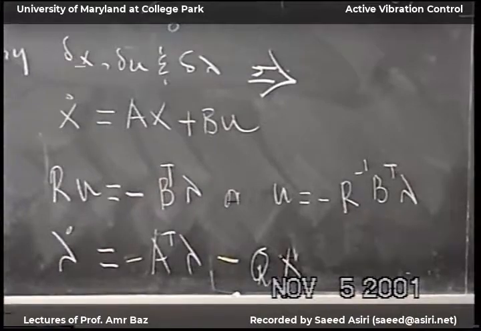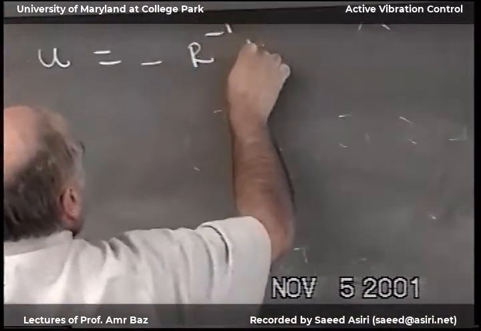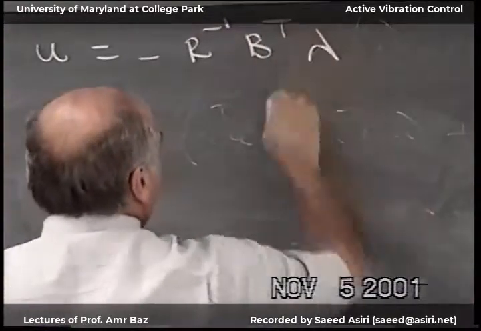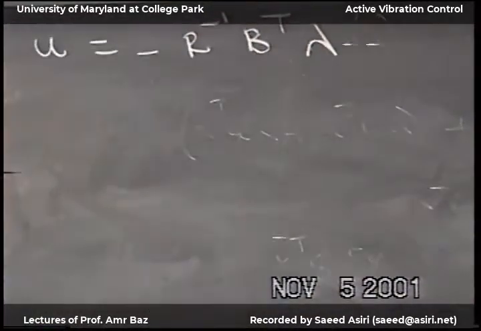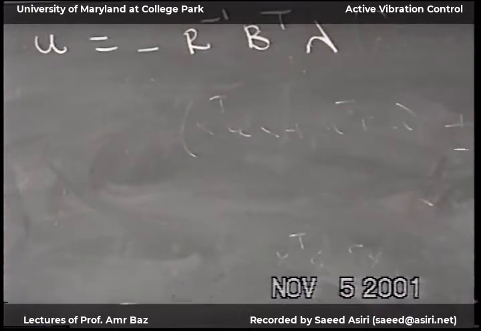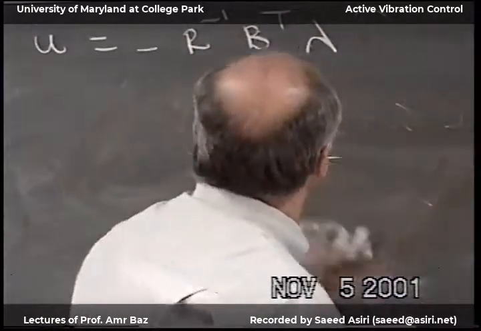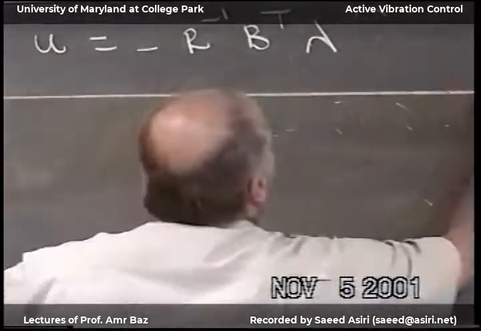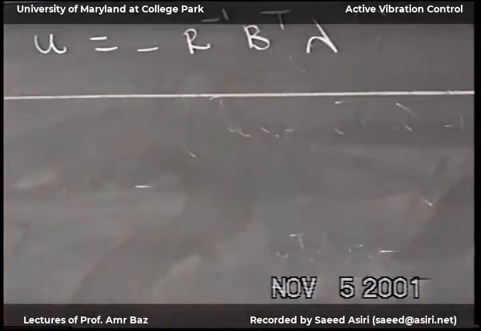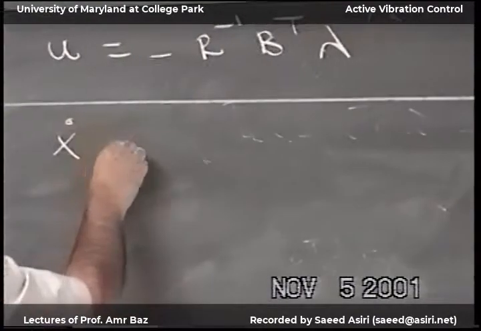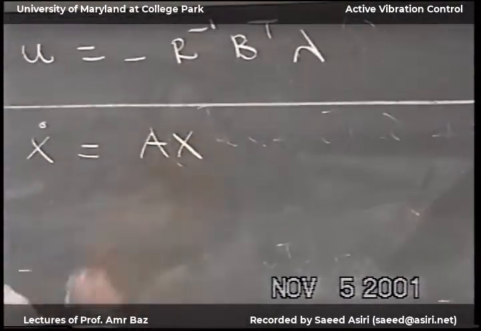So now this says u is equal to minus R inverse B transpose lambda. And then we have x dot is equal to Ax.